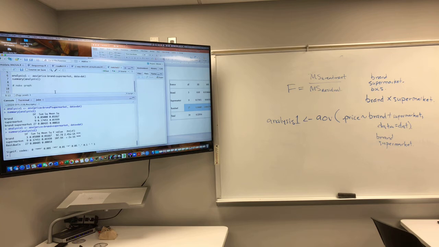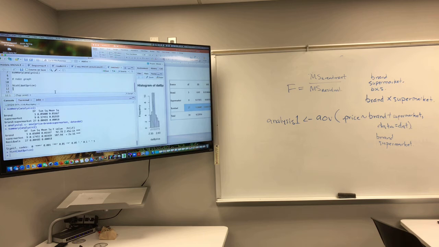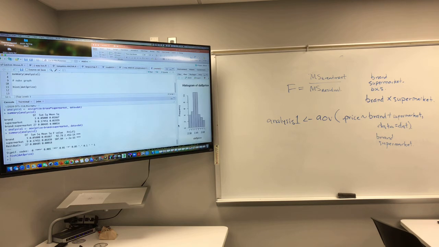So let's make a graph. How would we start out by making a graph to illustrate these effects? You could just do a histogram of price, certainly, of all the prices across everything.